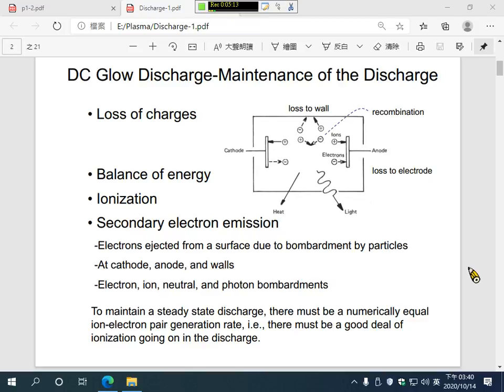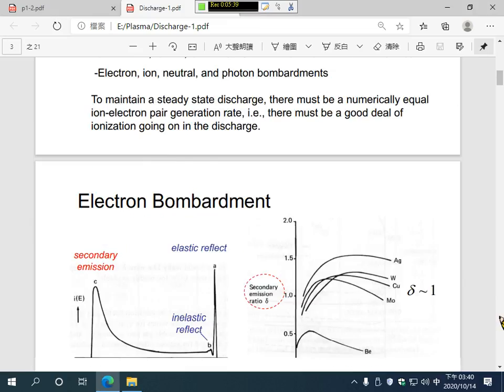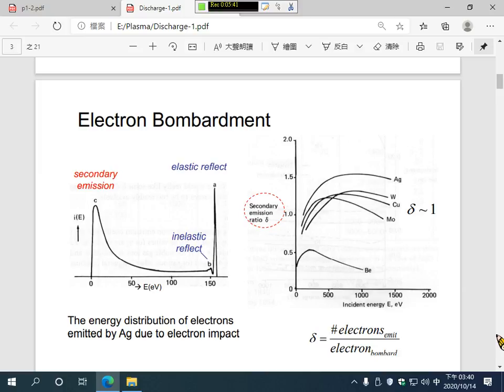In the next few slides, we'll see the way to compensate the loss of the electrons by secondary emission from the surface, from the cathode, anode, and the chamber wall. And Chapman gives examples with selected values to let us know whether these processes are enough for keeping a stable discharge.